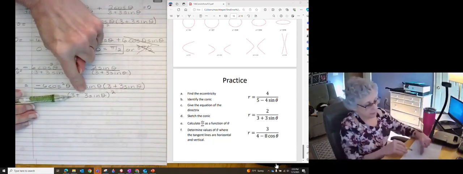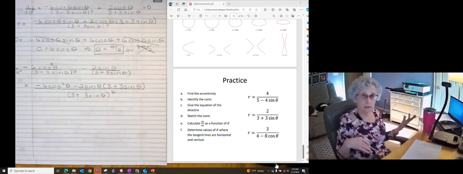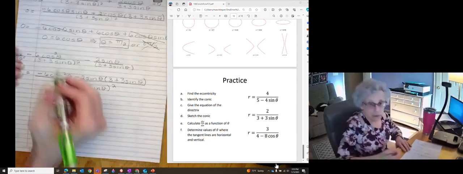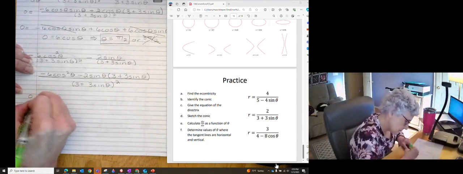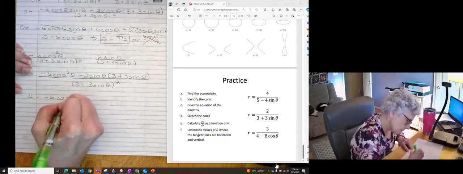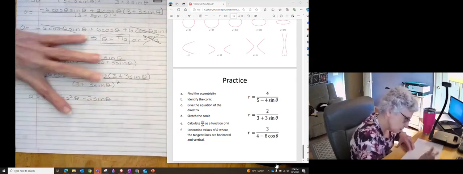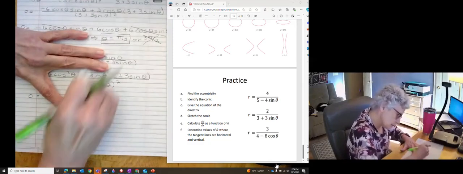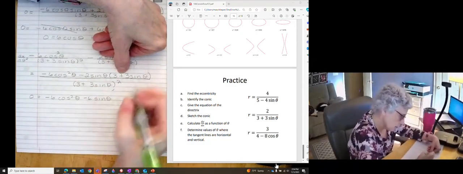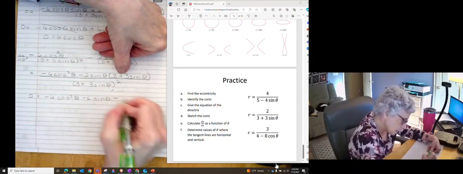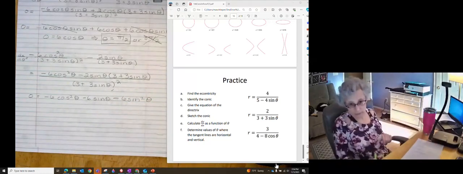Same reasoning. The denominator is equal to 0 when theta is 3 pi halves, which is not in the domain of this function. So I really just need to figure out when the numerator is equal to 0, and that would be when 0 is equal to negative 6 cosine squared theta minus 2 times 3 sine theta, which would be negative 6 sine theta, and then minus minus gives me, minus plus gives me minus 6 sine squared theta.